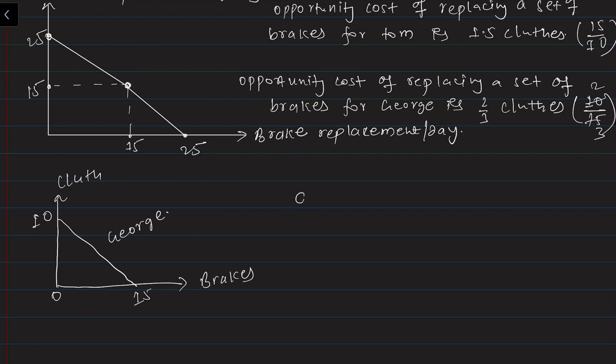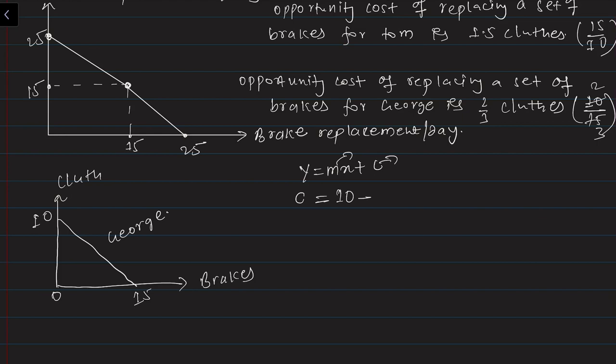Here C represents clutch and B represents brake. So C equals 10 is the y-intercept, so 10 minus. The general equation of a line is y equals mx plus c, where m is the slope and c is the intercept.